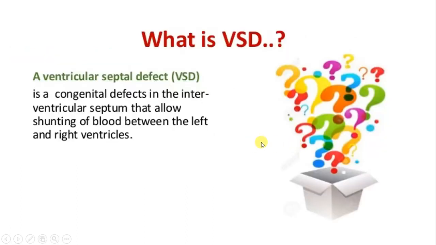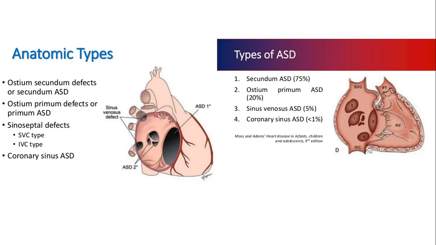Further detail of the ASDs, that is, signs and symptoms. If the ASD is a larger one, whether cyanosis is produced or not, and when to operate, when not to operate to close, which type of atrial septal defect needs to be closed earlier, which type of ASD needs to be closed later on.